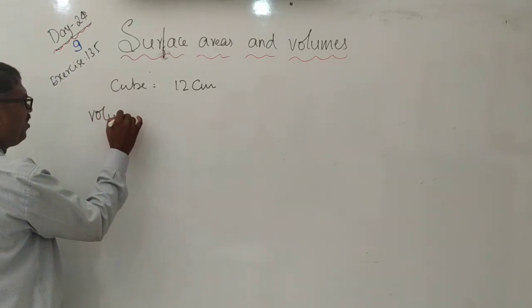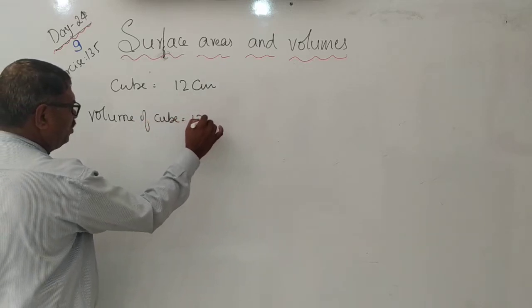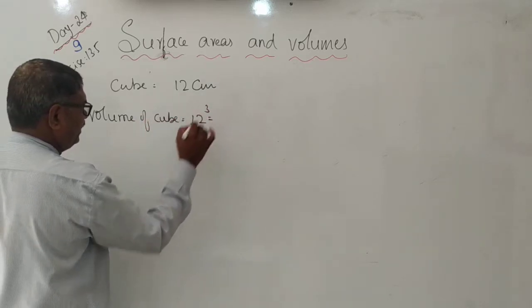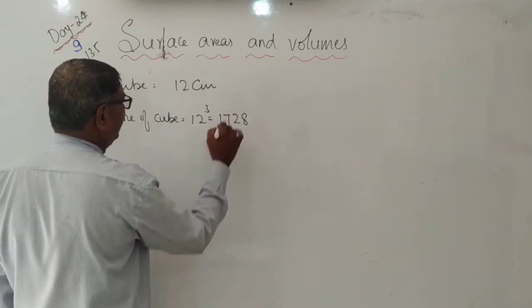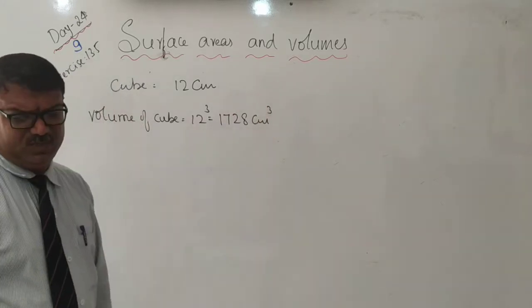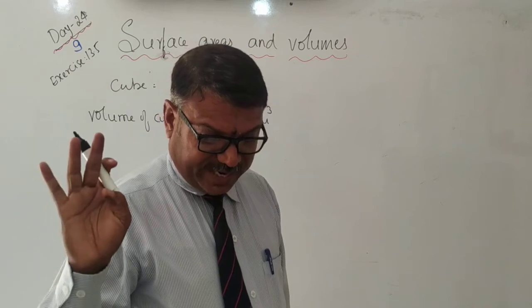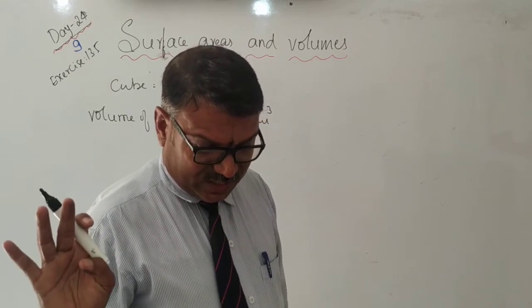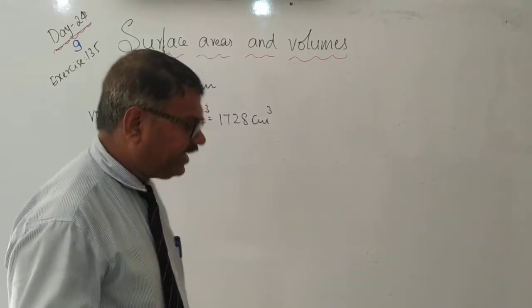Volume of cube is equal to 12 cube, which is 1728 cubic centimeters.